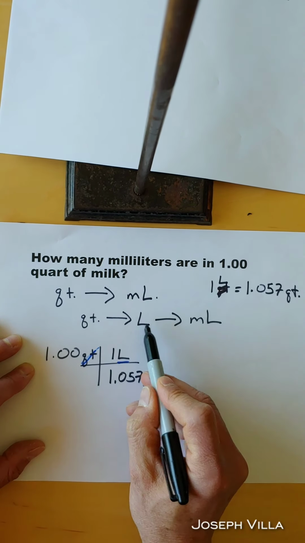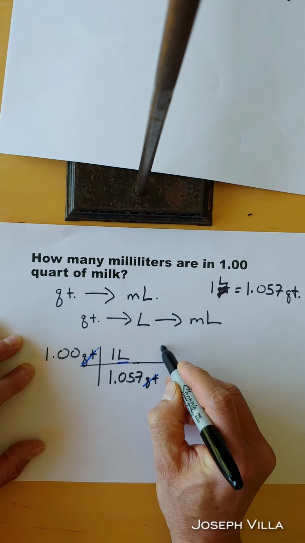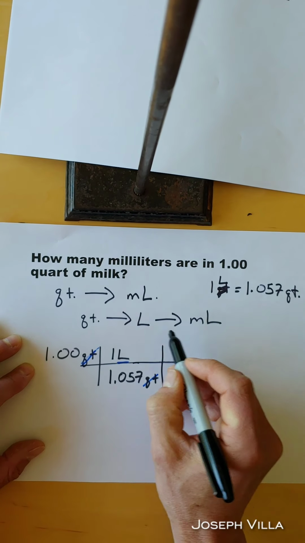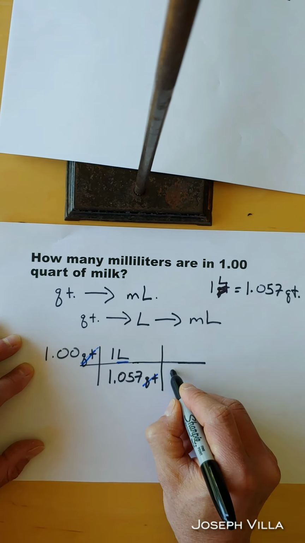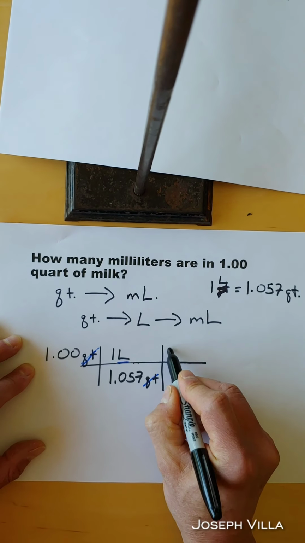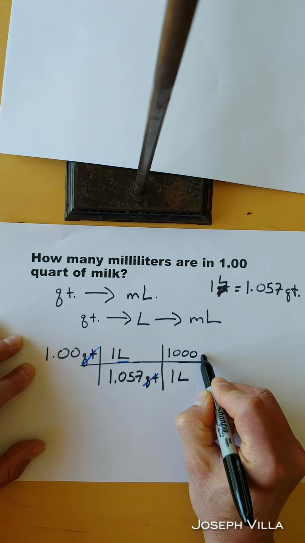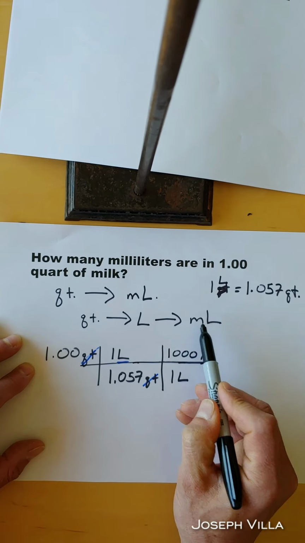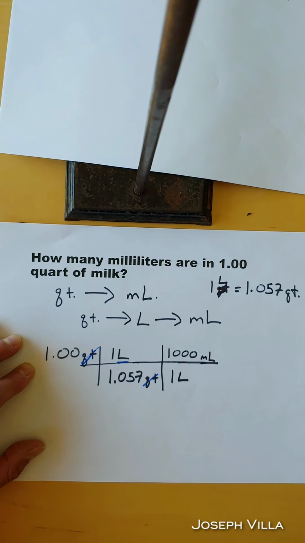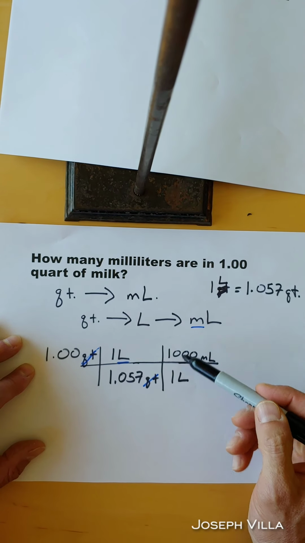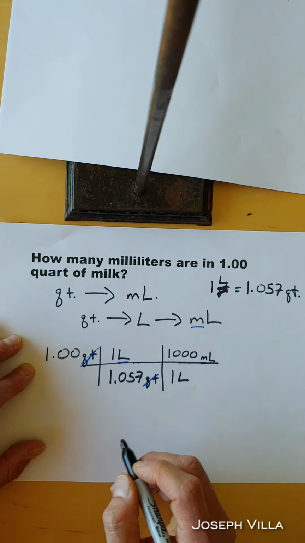Now I need to convert from liters to milliliters. I'm going to multiply that by the other conversion factor to say that 1 liter is equal to 1,000 milliliters. That's because of milli: there are 1,000 milliliters in a liter, or 1 milliliter is 1,000th of a liter.